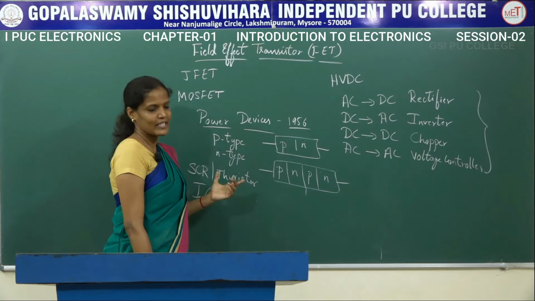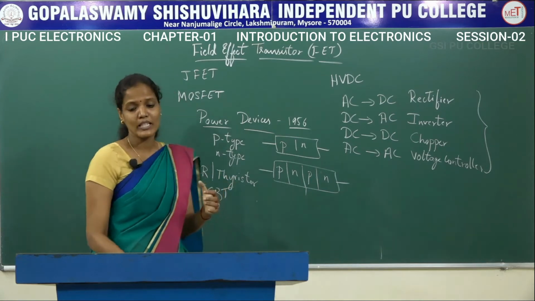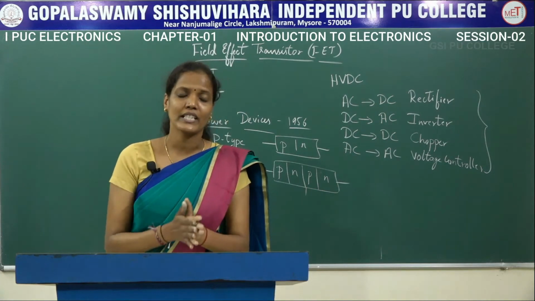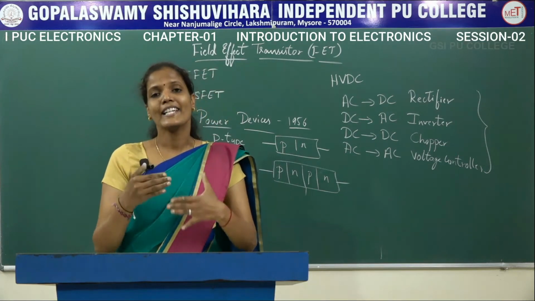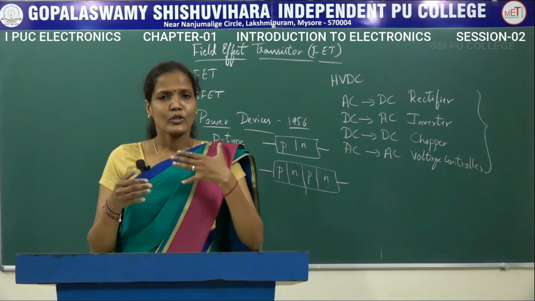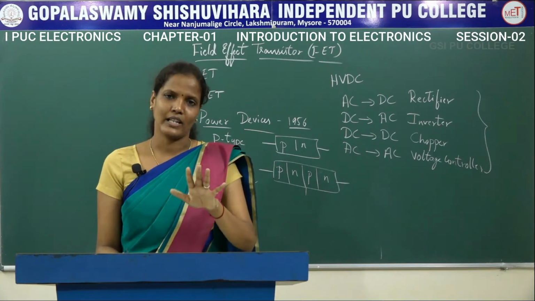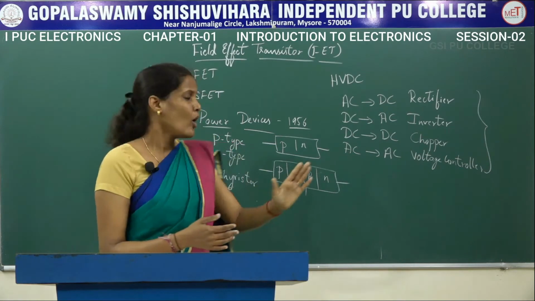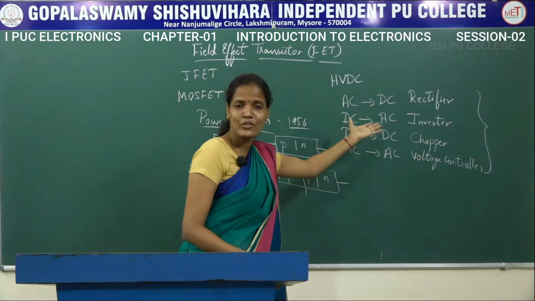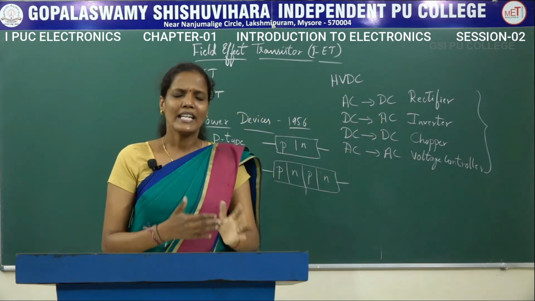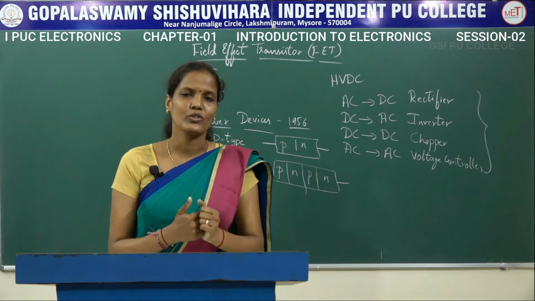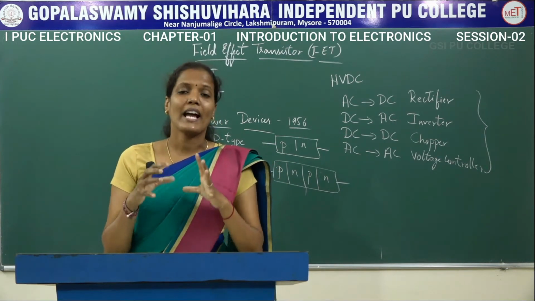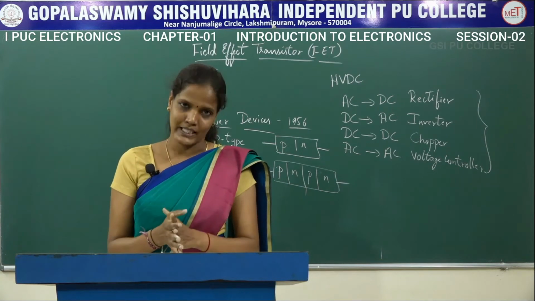These two devices, SCR and IGBT, play a major role in HVDC transmission, that is high voltage direct current transmission, where I need to transfer direct current over a long distance, through underwater, or convert single phase to 3 phase, or convert AC to DC, DC to AC and all these things. Also in induction cookers we use these devices, IGBTs and SCRs, where I need to control the power of that particular device.